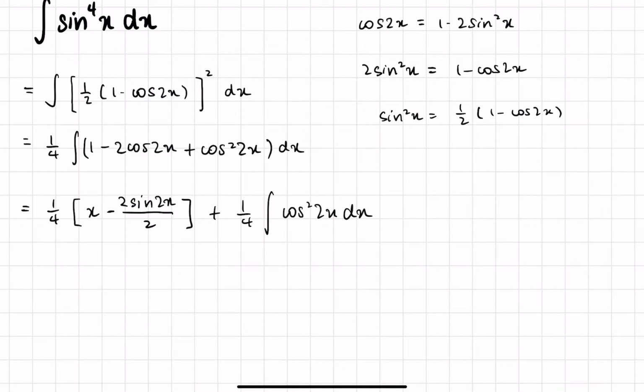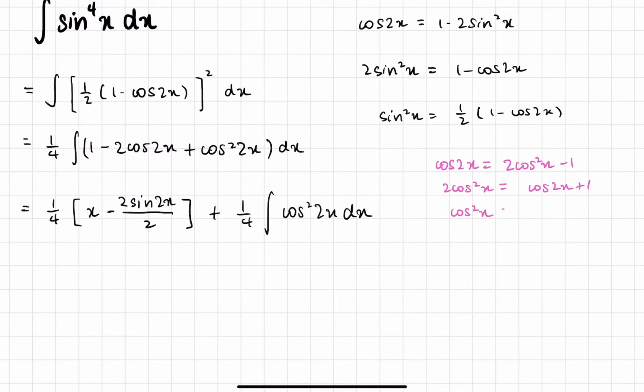This one, the cos squared, is a question that, again, we should already know how to do up to this point. So let's just write out the double angle again. Cos 2x equals 2 cos squared x minus 1. So 2 cos squared x equals cos 2x plus 1.